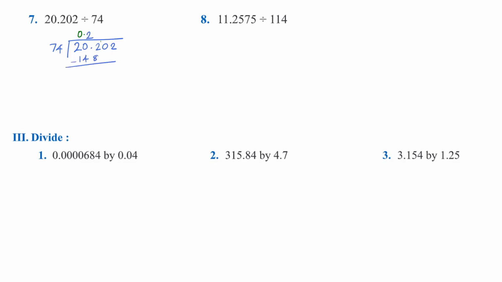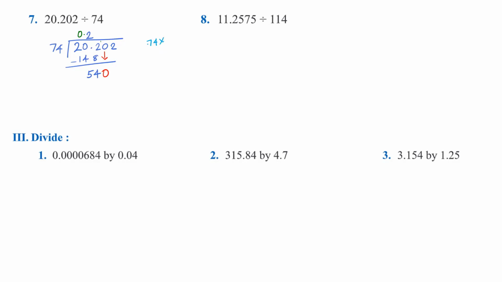Now take the difference, 202 minus 148. How much will it be? 54. Now what is the carry there? The carry will be 540. Now is 540 divisible by 74? Yes. So by how much should I divide?